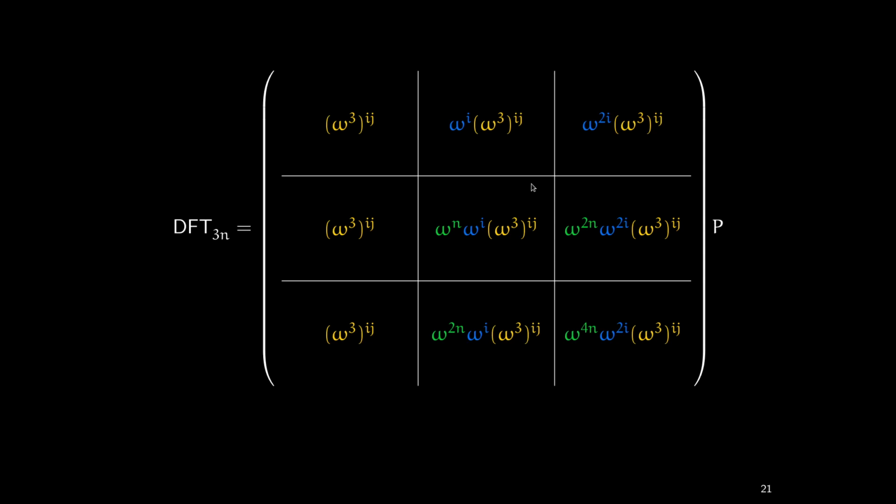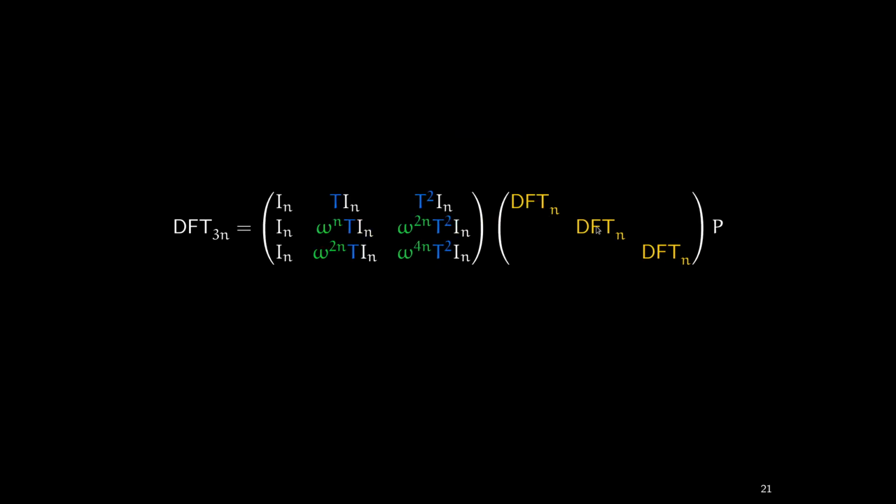If I write this now with the block matrices explicitly, then I have here the 9 DFTs that I already pointed out, then these are the twiddle matrices from before, and these are the squares of the twiddle matrix. Now I can do the same factorization as before, and I get DFT, DFT, DFT.